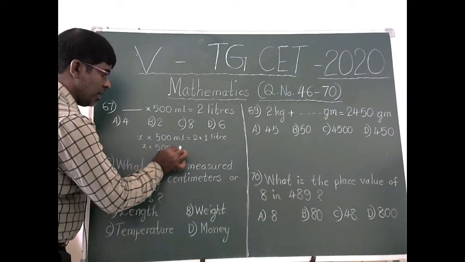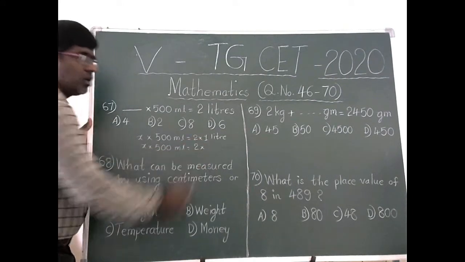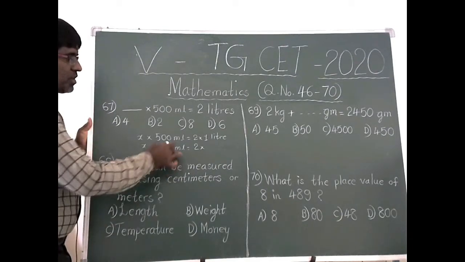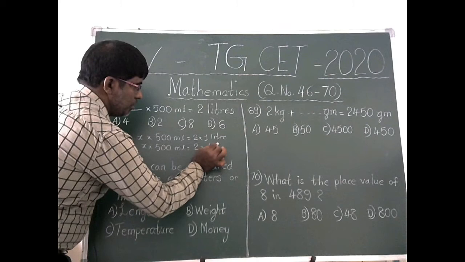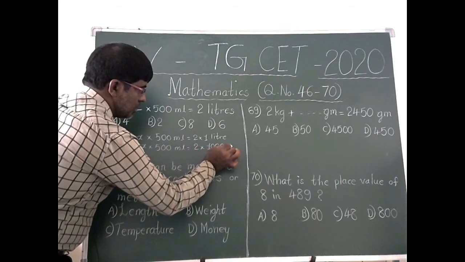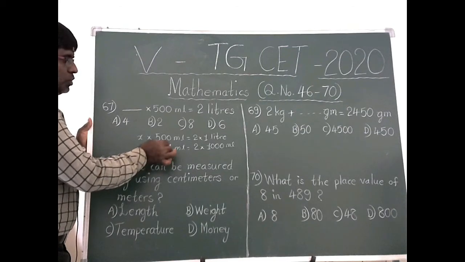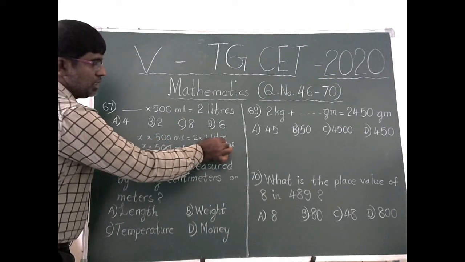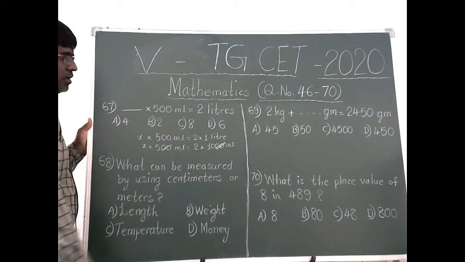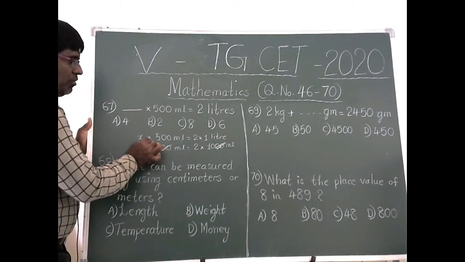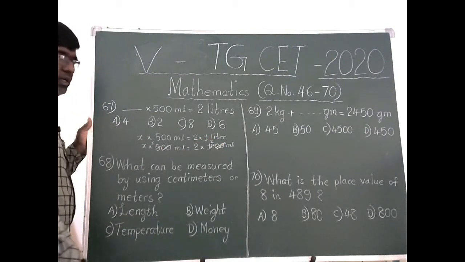This 2 liters we convert into milliliters for easy cutting. 1 liter equals 1000 milliliters. On the left side 2 zeros and on the right side 2 zeros get cancelled. Remaining 5 ones are 5, 5 twos are 10.